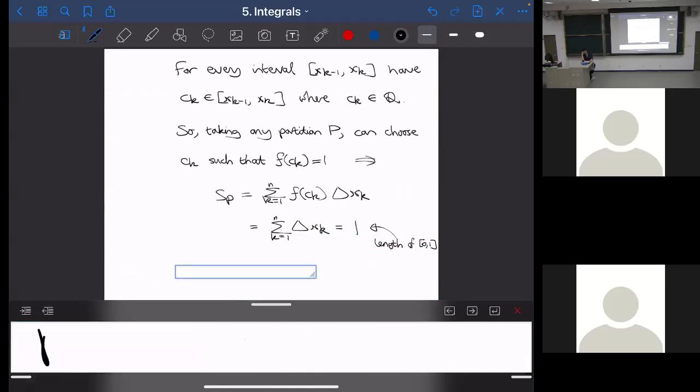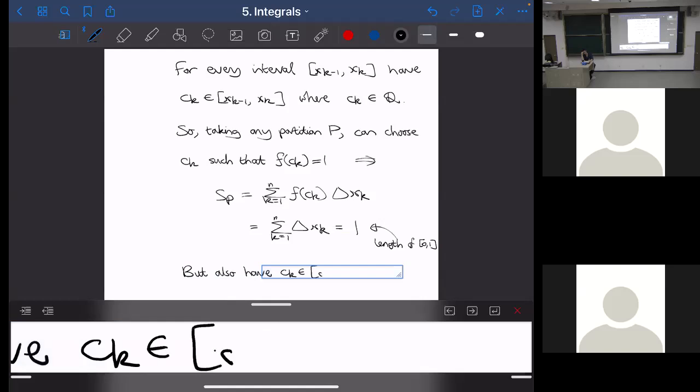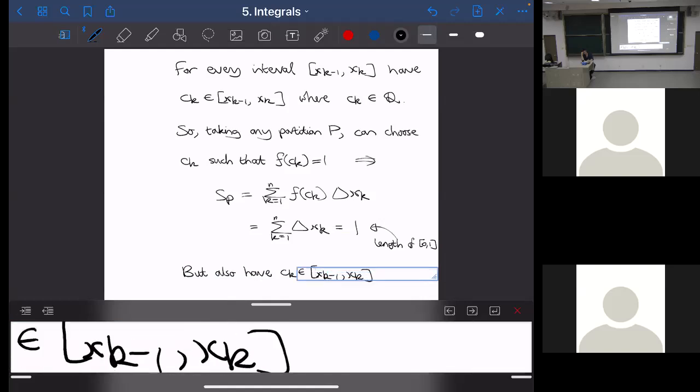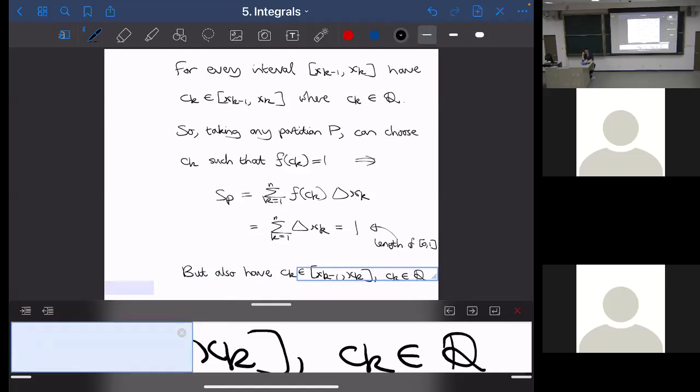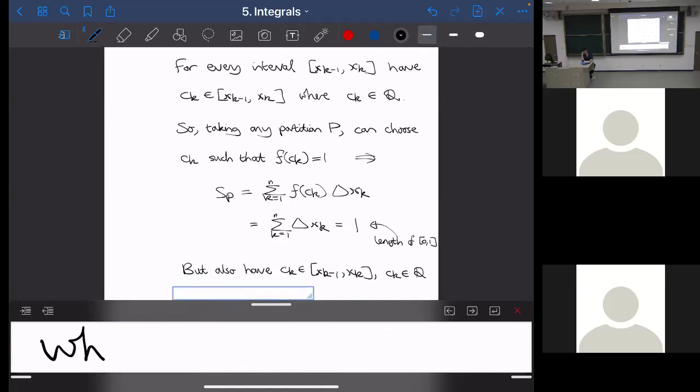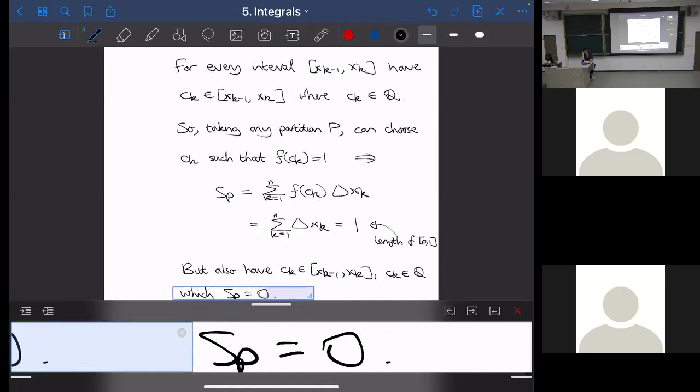But also, we can have c_k in this interval where c_k is irrational. And that gives S_P equals 0.